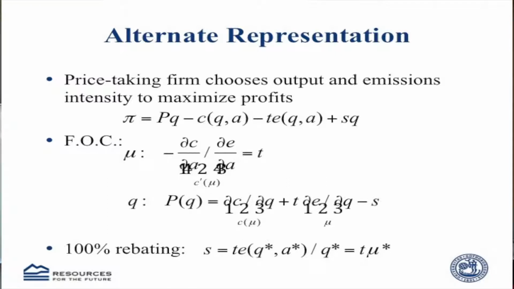So maximizing with respect to abatement, you get these cross partials that you can think of as the marginal cost of reducing your emissions intensity equaling the emissions tax, and here you have marginal production costs and marginal emissions. Okay, so it's based on the same setup, but for me it's a little simpler and more intuitive to think of this, because you can break out your focus on improving your emissions intensity very clearly versus conservation as a means of reducing emissions.